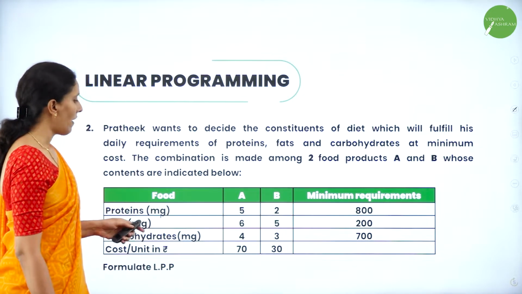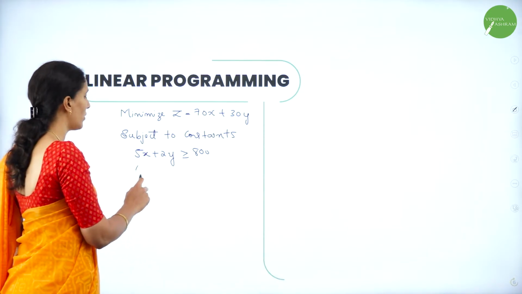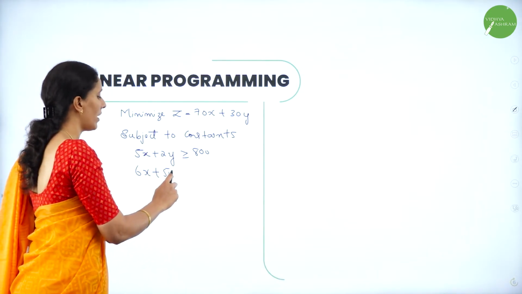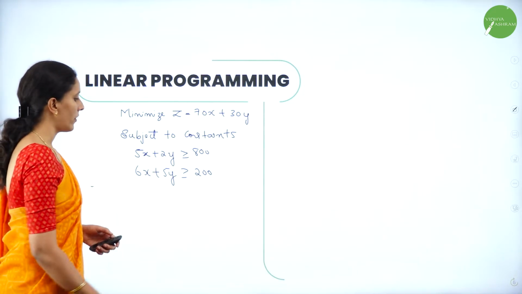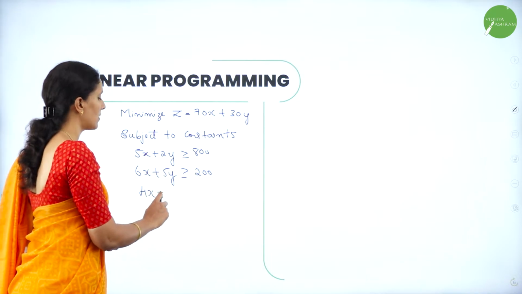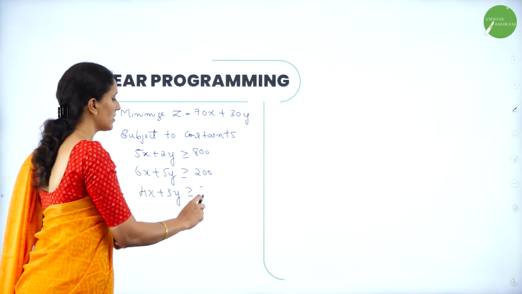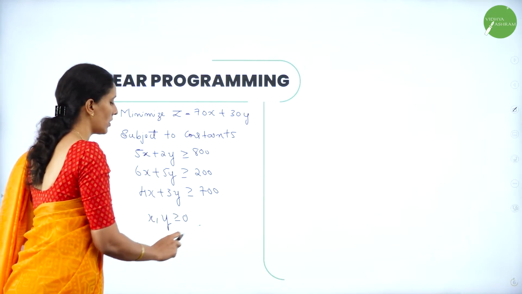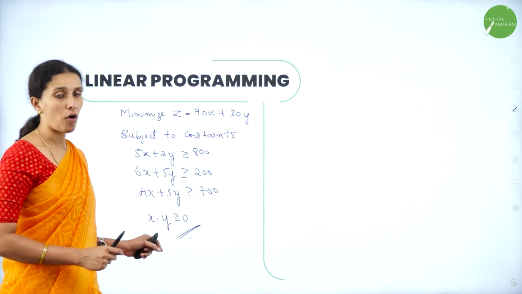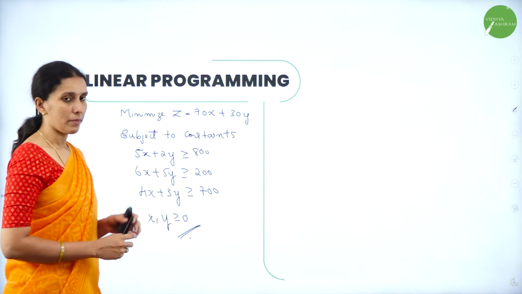Next, fats it is 6 and 5. So therefore it is 6x plus 5y greater than or equal to 200. Next is carbohydrate. It is 4x plus 3y greater than or equal to 700. So write x comma y greater than or equal to 0. So this is how we have to formulate the given statement.